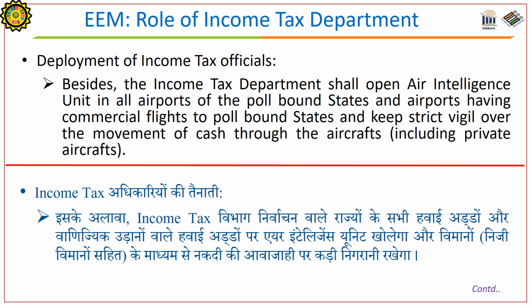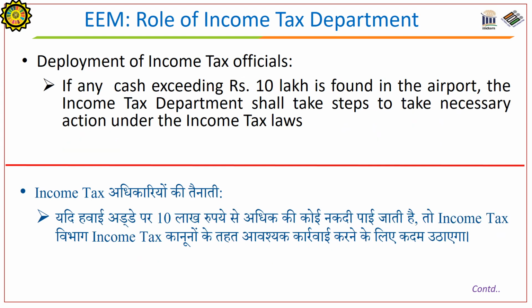Besides, the Income Tax Department shall open Air Intelligence Unit in all airports of the poll-bound states and airports having commercial flights to poll-bound states and keep a strict vigil over the movement of cash through the airport. If any cash exceeding rupees 10 lakh is found in the airport, the IT Department shall take necessary action under the income tax rules.